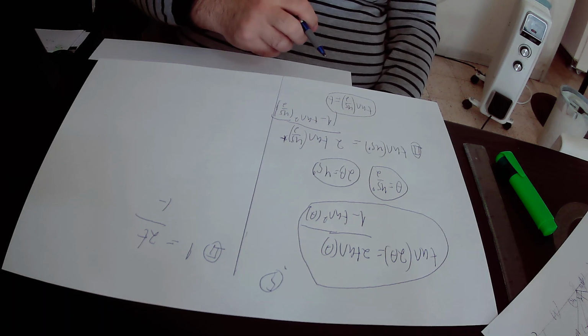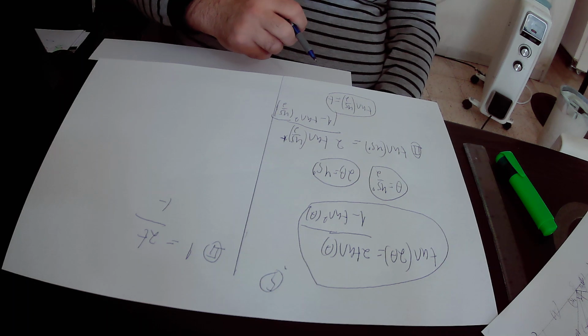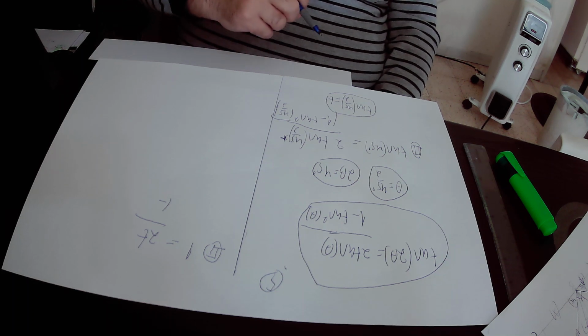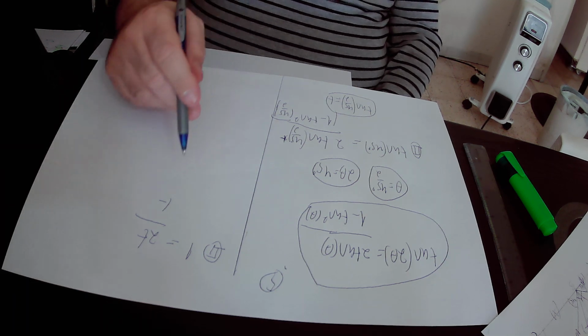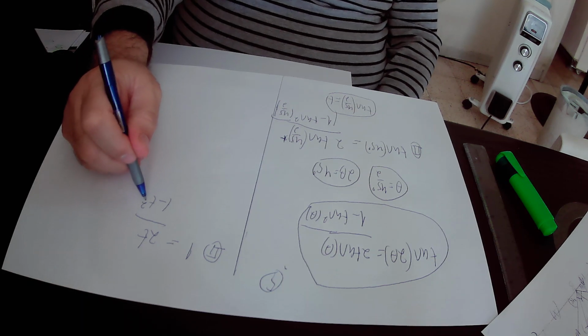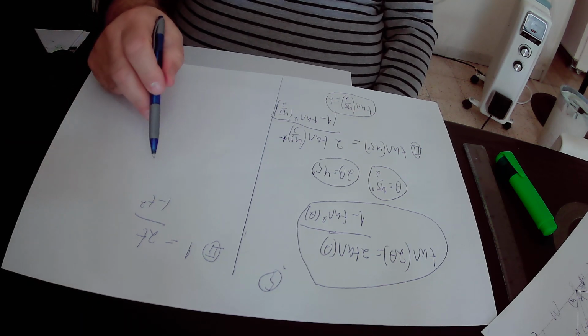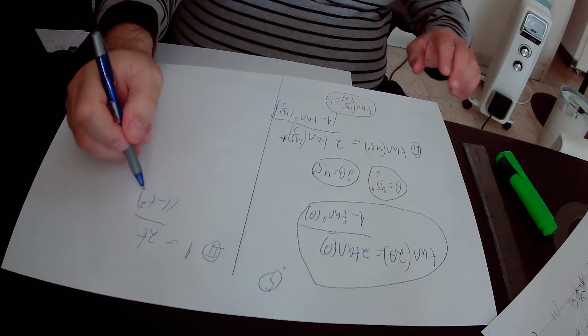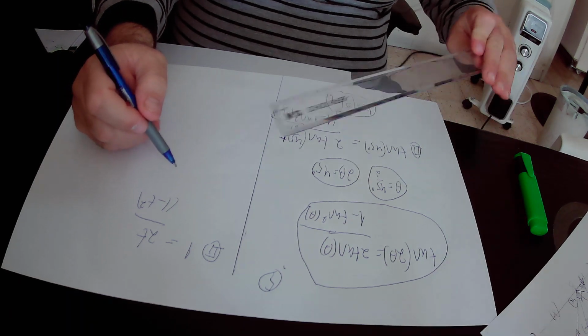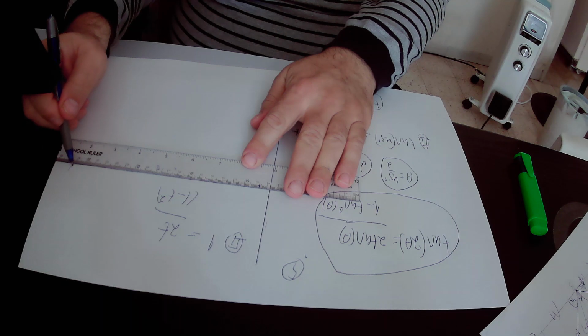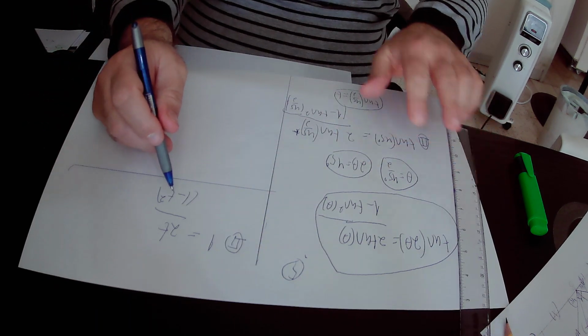If tangent 45 over 2 degrees is t, then tangent square of 45 over 2 degrees will be equal to t square. So in the denominator we have 1 minus t square. So we found out that according to equation number 2, 1 equals 2t over 1 minus t square.